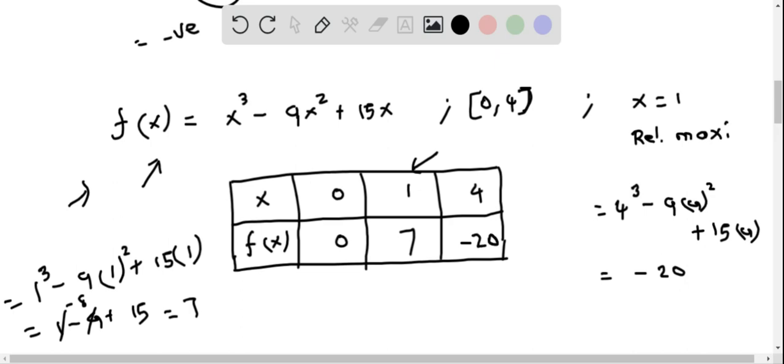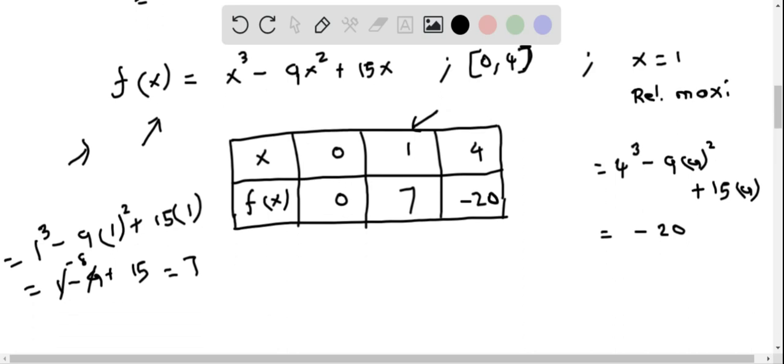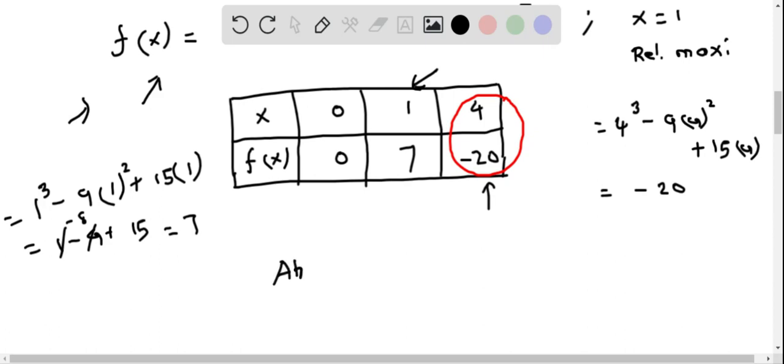So now we have to look into the table and determine the lowest function value. The lowest is negative 20. So this point, 4 comma negative 20, is the absolute minimum point. So we write down absolute minimum: 4 comma negative 20.